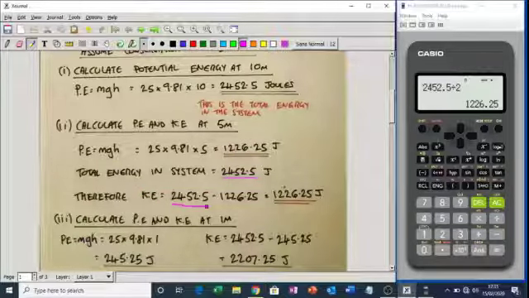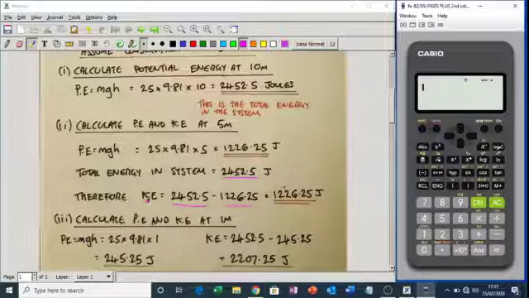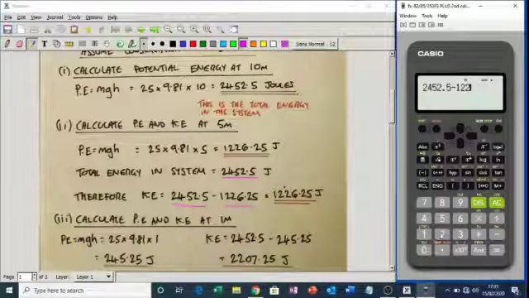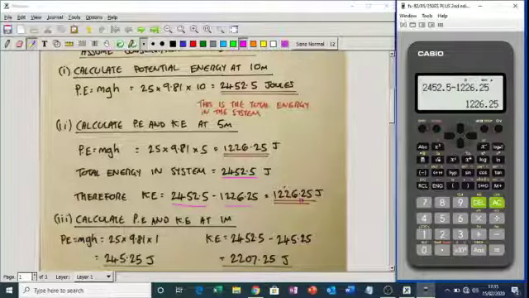It's the total energy take away PE at 5 meters, which gives you half, really, because halfway down, half's got to be PE, and the other half has got to be kinetic. 1226.25. So halfway down, they'll be the same.